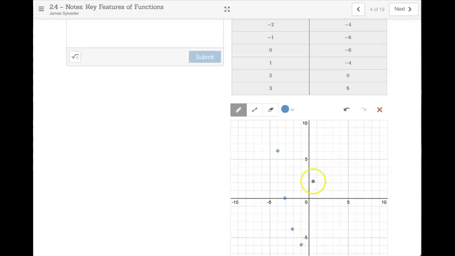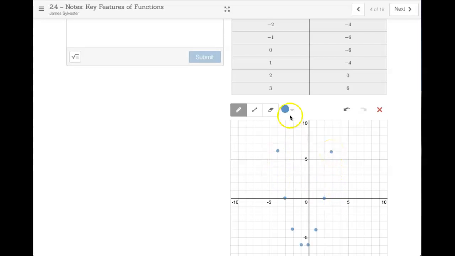And then 0, -6, that's stay at 0 and go down 6. 1, -4 is right 1, down 4. 2, 0 is right 2 and stay there. And then 3, 6 is right 3, up 6.